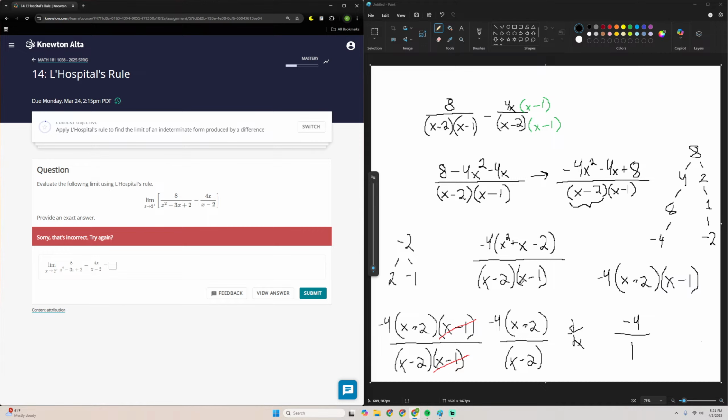Because negative 2 plus 2. Should have been negative 2 plus 1? Negative 2 plus 1. No, it's supposed to be plus x. So then after I cancel top and bottom, even though I plug in, yeah, I think I screwed something up, but I don't know what.